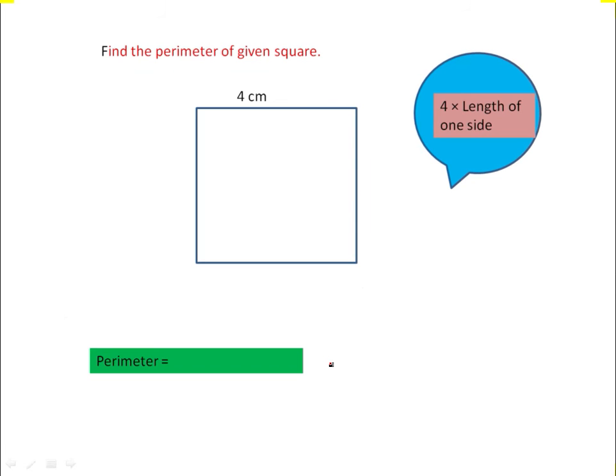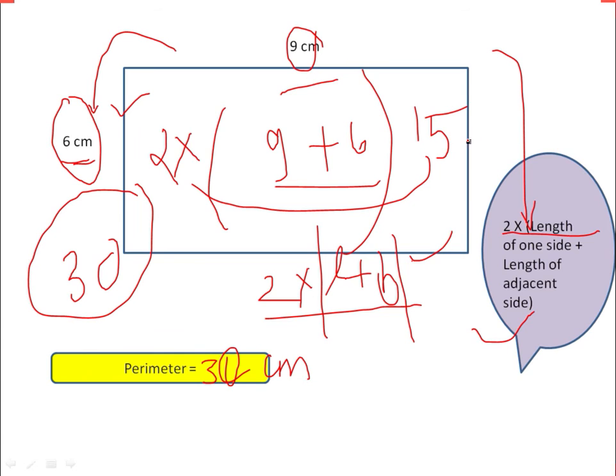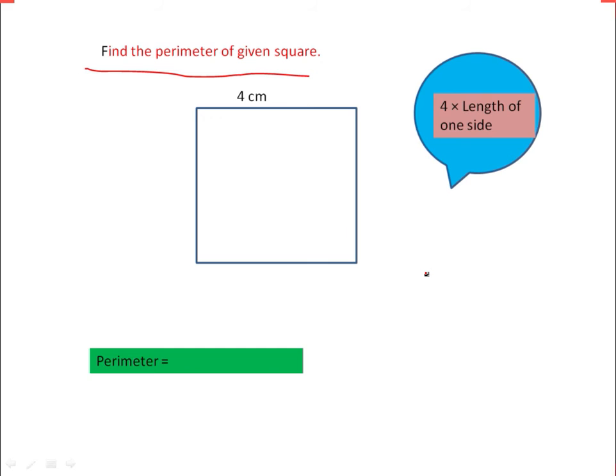Moving ahead. Now find the perimeter of the given square. Earlier we have seen, when there is a rectangle, the formula for finding the perimeter of a rectangle is 2 into (L plus B), length plus breadth. Now when there is a square, the formula changes slightly.